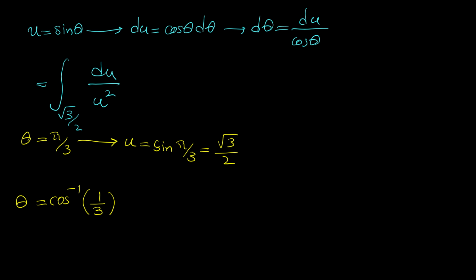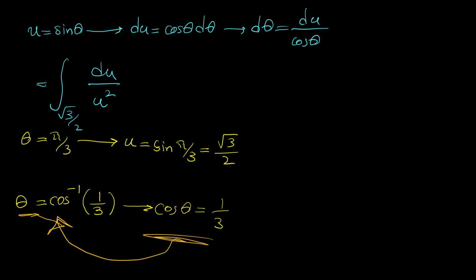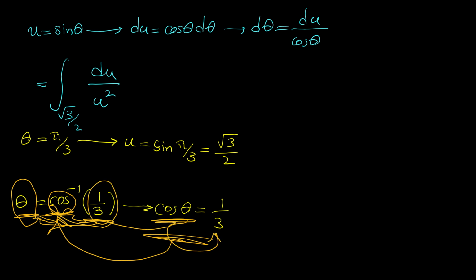Because theta is cosine inverse of 1/3, this means cosine of theta is 1/3. Because, attention, what is the meaning of this relation? Theta is cosine inverse of 1/3. It means that theta is an angle whose cosine is 1/3. So cosine of theta is 1/3.